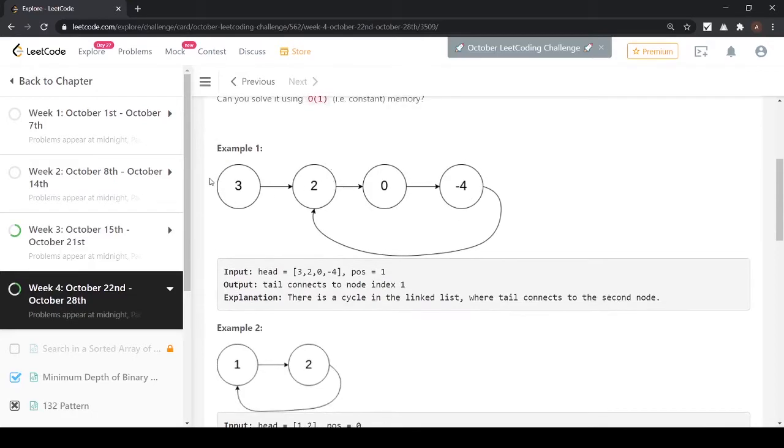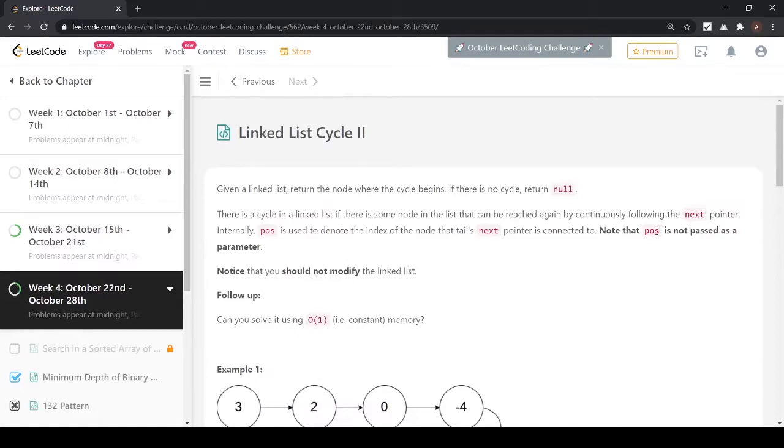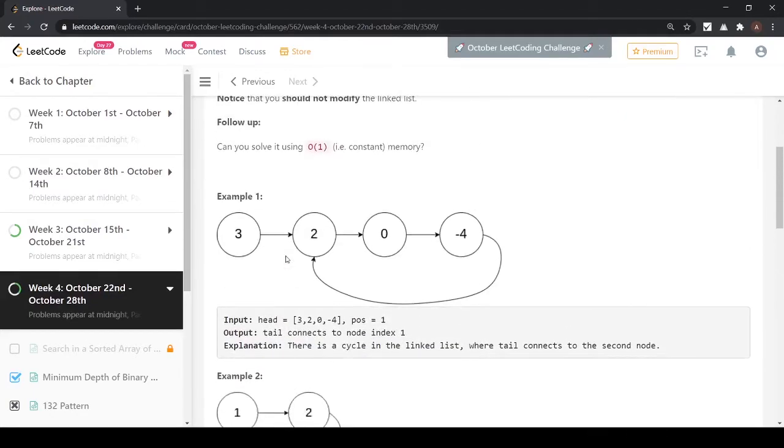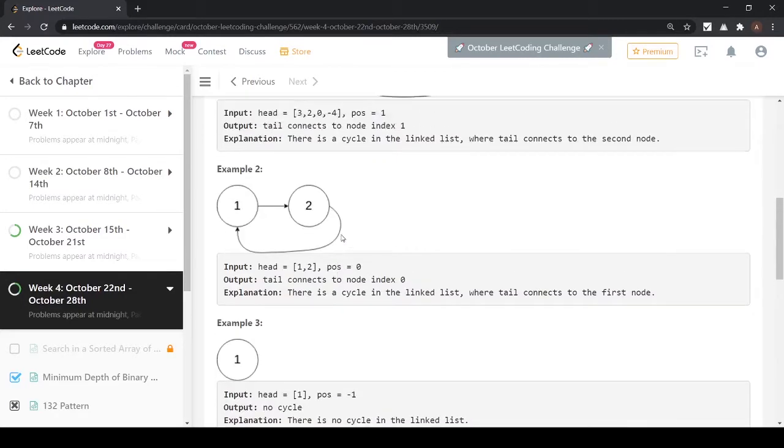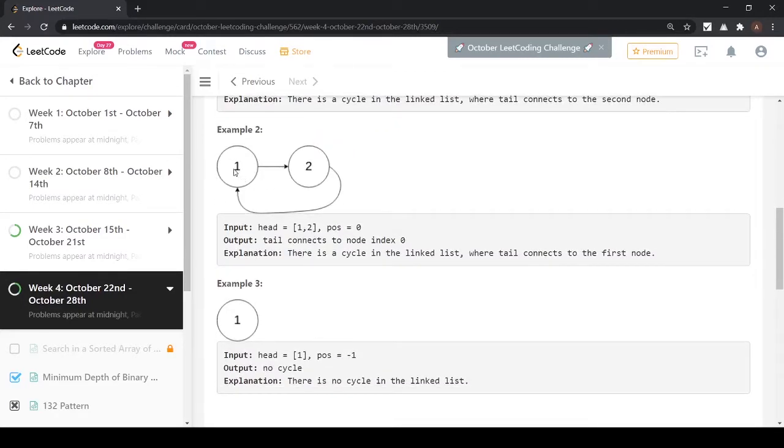There may be a cycle existing, we don't know. So our task is to find the cycle. If there exists any cycle, we have to say that yes, there's a cycle, and the tail connects to that particular node.